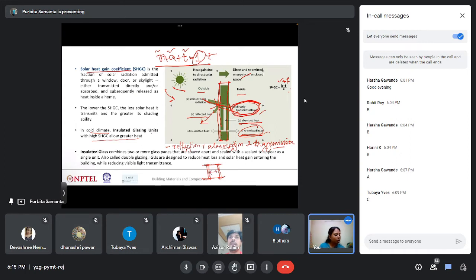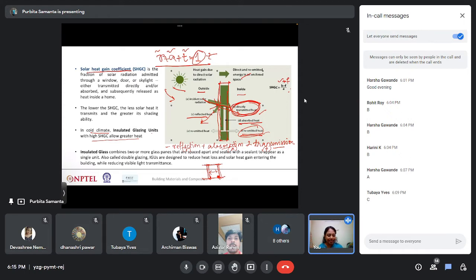These glass panes are placed in such a manner that they are sealed with a sealant, and it looks as if it's just a single glazing, but actually it's not, because there are two or more glass panes. So these insulated glazing units are designed so as to reduce the heat loss.